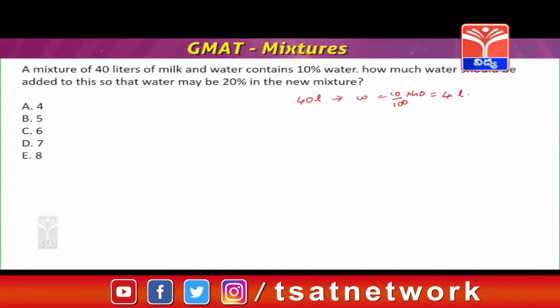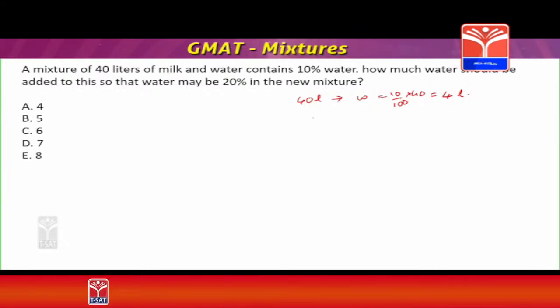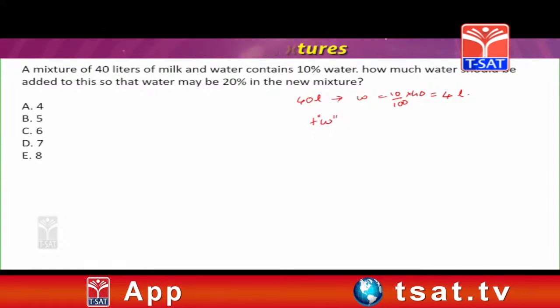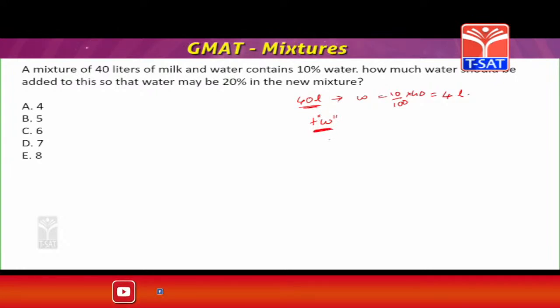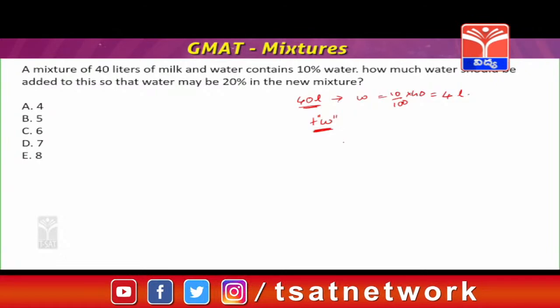Now, how much water should be added to this so that the water may be 20% in the new mixture? So, you are adding water to this. Let us say you are adding W amount of water. So, this 40 liter solution plus water is W. So, you want it to be 20%.